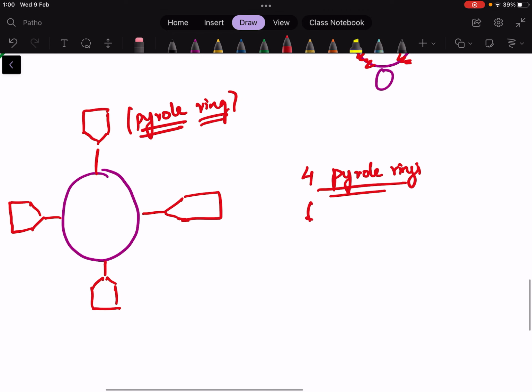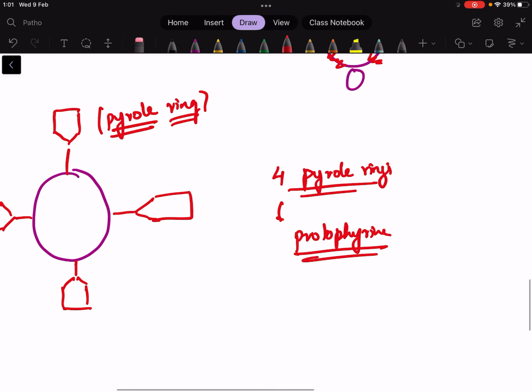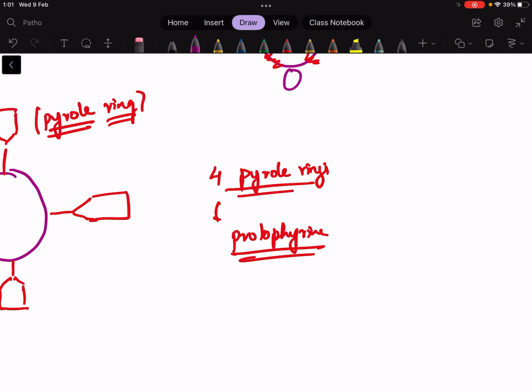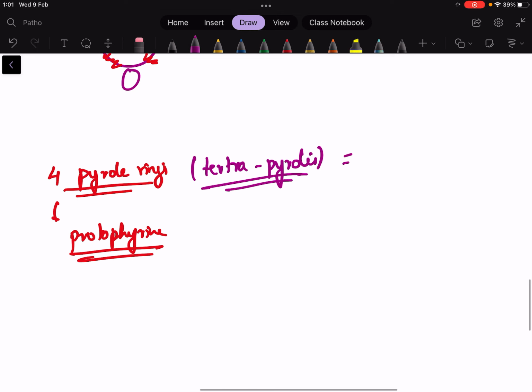which will make your protoporphyrin ring, right? These 4 pyrrole rings we can simply call tetrapyrroles. So basically the heme we are going to make, I already told you the hemoglobin consists of heme.